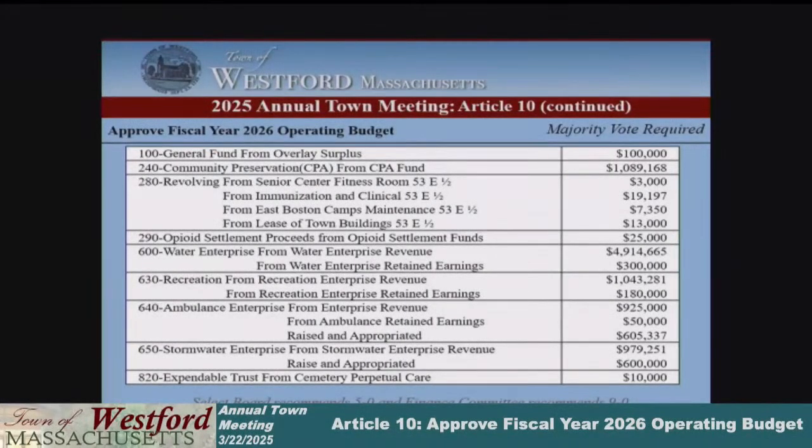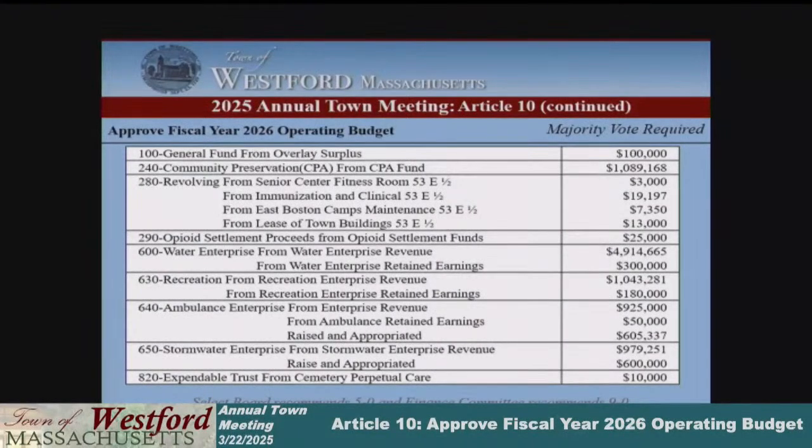To the Water Enterprise Fund, $4,914,665 from the Water Enterprise revenue and $300,000 appropriated from Water Enterprise retained earnings. To the Recreation Enterprise Fund, $1,043,281 from the Recreation Enterprise revenue and $180,000 appropriated from Recreation Enterprise retained earnings.